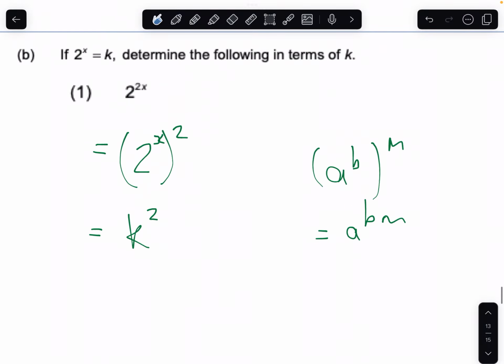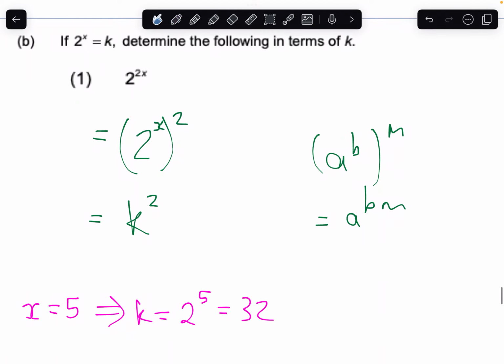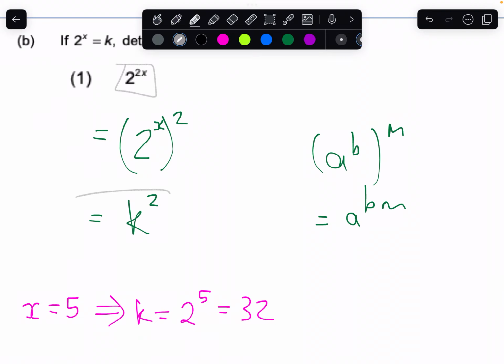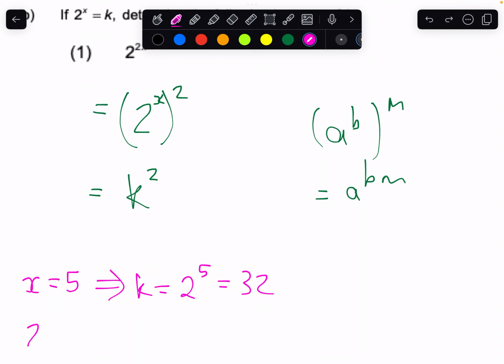Next one, I just want to add an addendum here. The nice thing with paper 1 is you can test a whole lot of your answers. If you let x equal 5, then k is equal to 2 to the 5, which is 32. Now we can test this relationship that 2 to the 2x is the same as k squared. 2 to the 2x, which is 2 to the 10, which is 1024, is that the same as 32 squared?